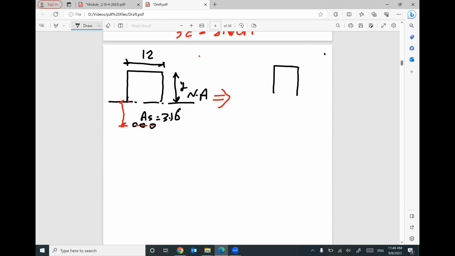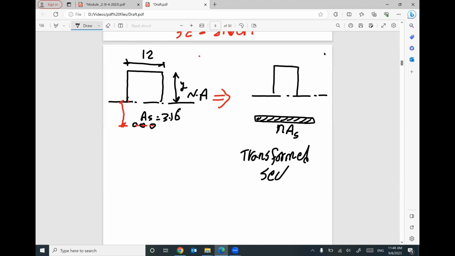The concrete at the compression is still the same, and the steel at the bottom will be converted to equivalent concrete by multiplying n by the area of steel. So this one is called the transformed section. This one is the original section, but we trashed the concrete under tension.